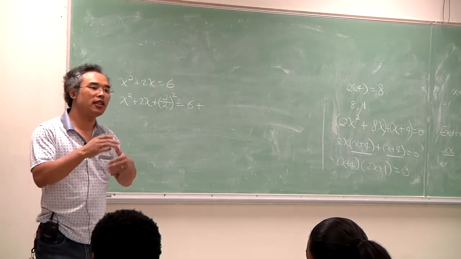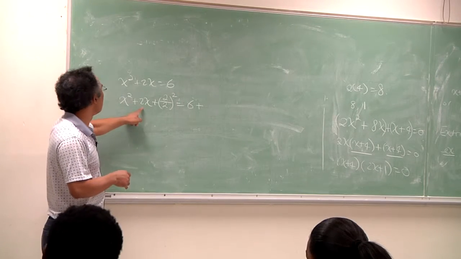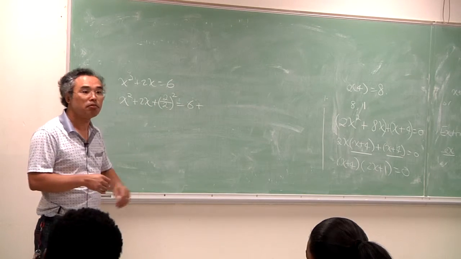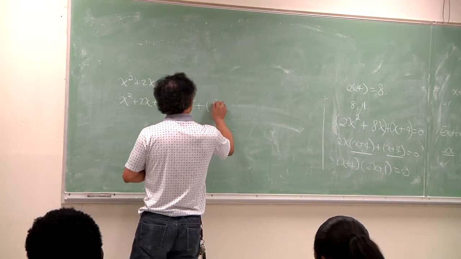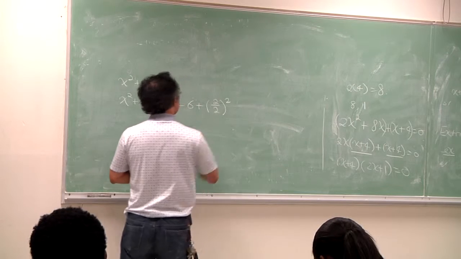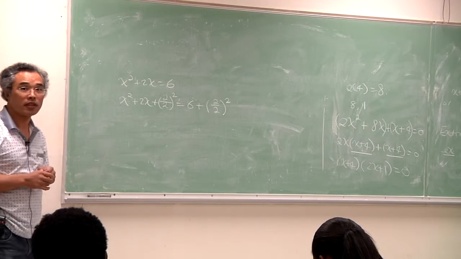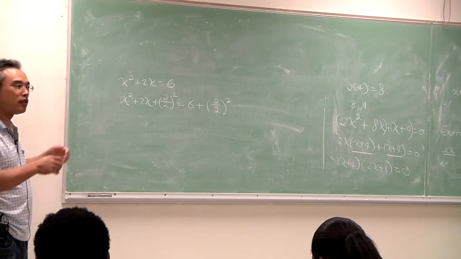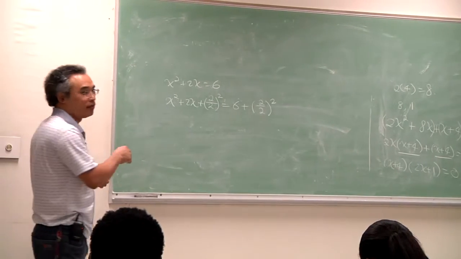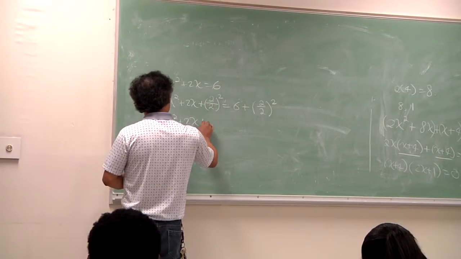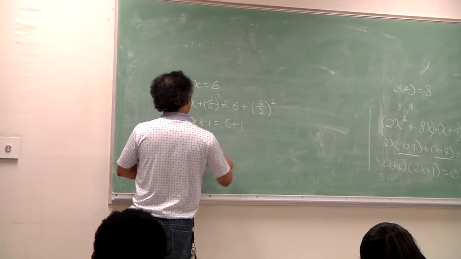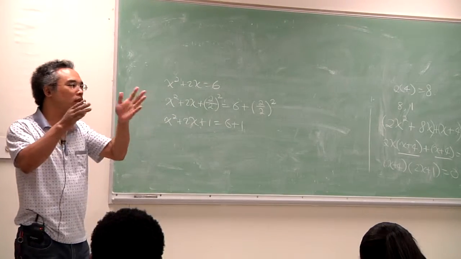Whatever the number here is, you just divide it by 2 and then square it. So we got this. Remember to add on both sides. Obviously we got 1: if you divide 2 by 2 and square it, you get 1.